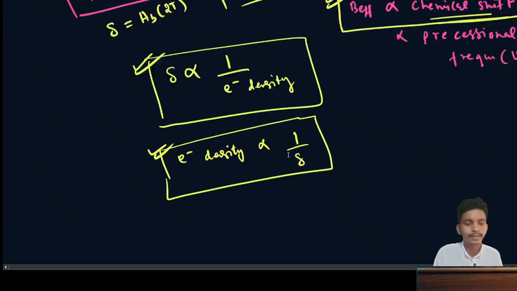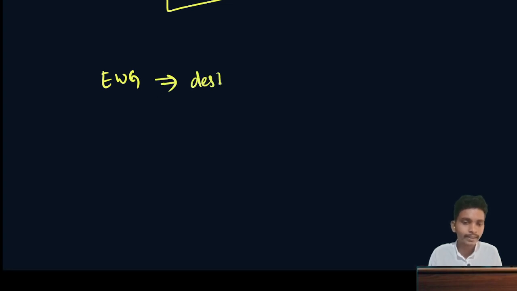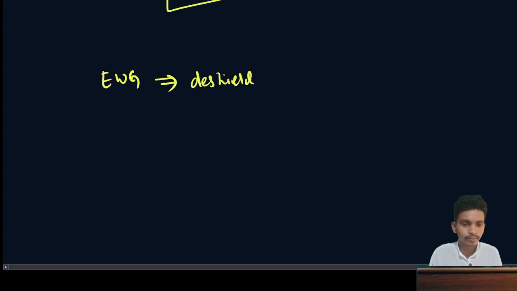So from here I can say that an electron withdrawing group will deshield and it will give a high chemical shift.